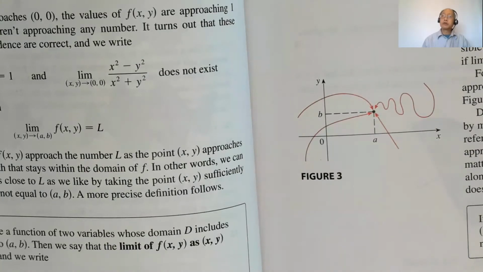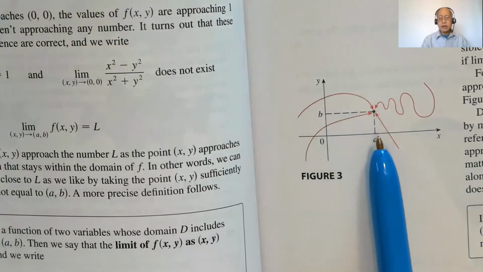So one way you could show that a limit exists is to show that the limit from the left and the limit from the right both exist, and you got the same thing. Unfortunately, once you get into 2 dimensions or higher, there are an infinite number of ways to reach a point. Let's say I want to approach the point (a, b).